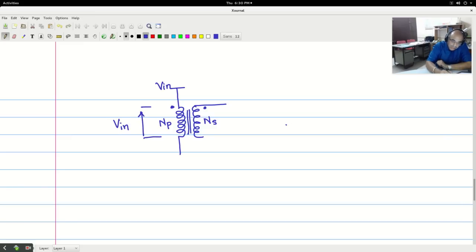Now we will apply that: V in is equal to NP into AC dB by dt, which is equal to NP into AC, and because the flux transitions are linear in nature, without loss of generality, I could say it is delta B by delta t.